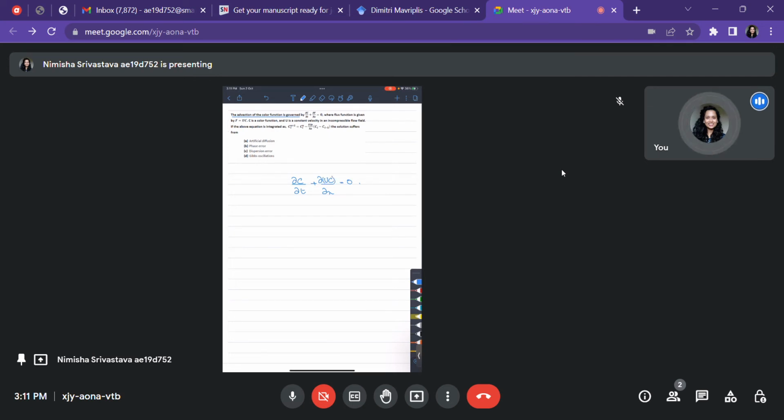And this c over here is the color function, where flux is given by f equals uc. C is the color function and u is a constant velocity in an incompressible flow field. In the above equation, if the above equation is integrated as this, the solution suffers from.